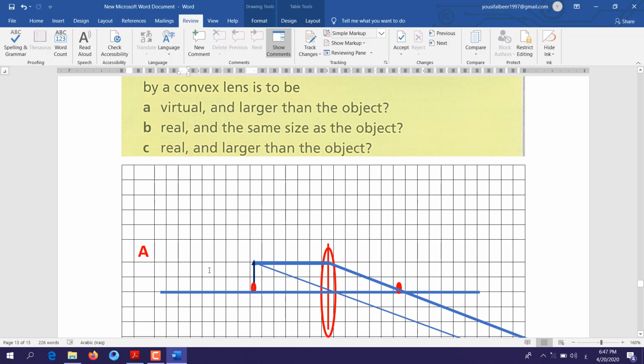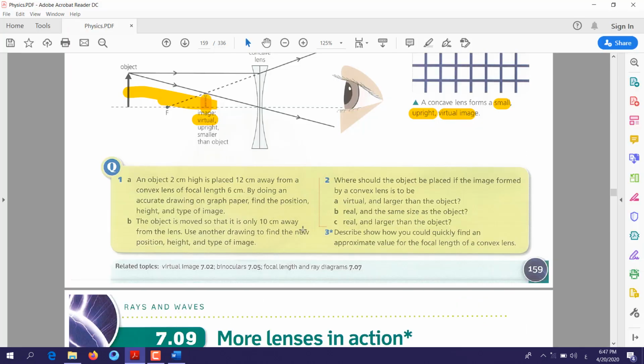Question number 3, show how you could quickly find an approximate value for the focal length of a convex lens. The answer to this question, we mentioned it in the video. We said you will have a lens and you will put a paper or a screen in front of it.